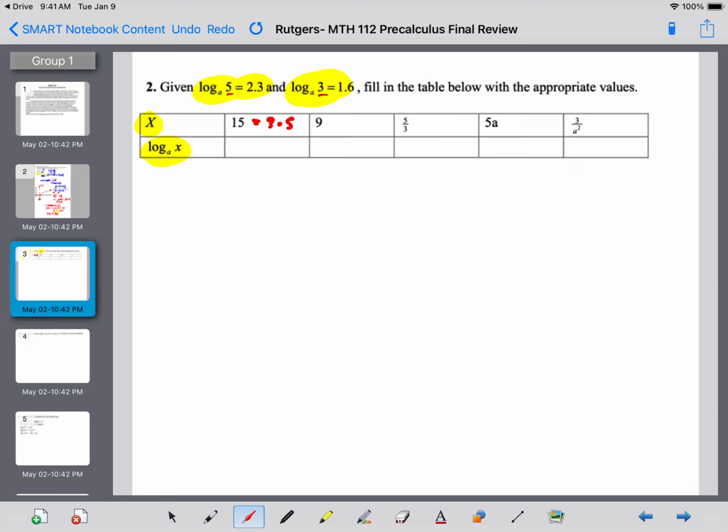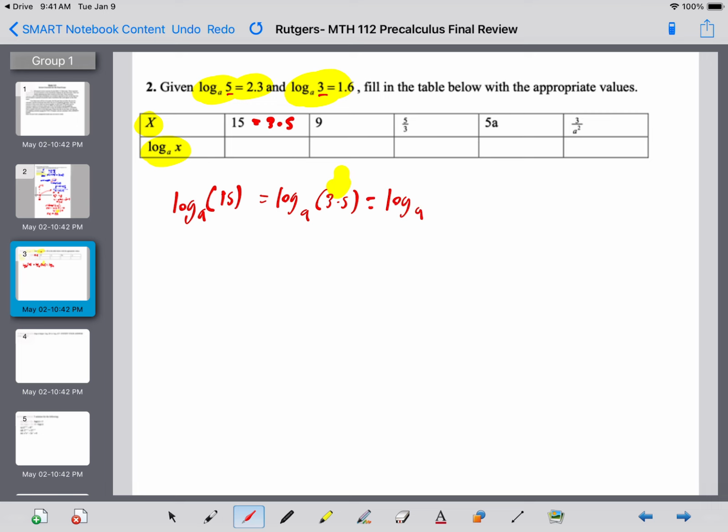With logarithms, let's say log base A of 15 equals log base A of 3 times 5. If it's separated by multiplication, you could separate your logs by addition.